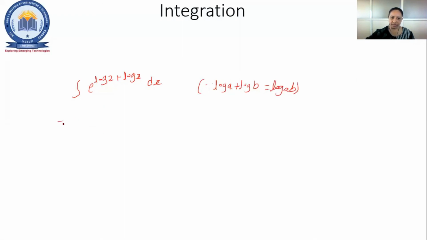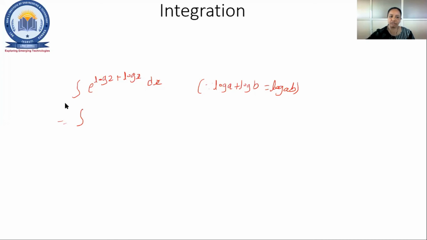So the same thing you can apply here also. Okay, someone is writing in the chat box. The answer is x square. No, only x square is not correct. Okay, x square plus c. The answer will be x square plus c.